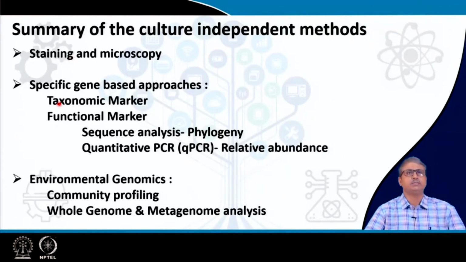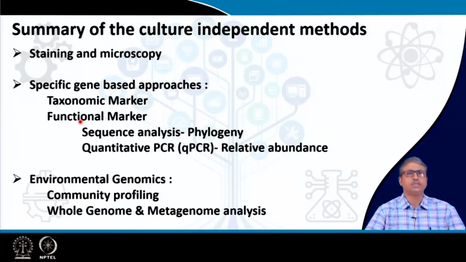The second important approach is based on specific genes, and the specific genes present in the microorganisms of environmentally relevant communities could be the taxonomic marker genes, like the genes which give us information about the taxonomic identity of the organism, and the markers for their functional properties.